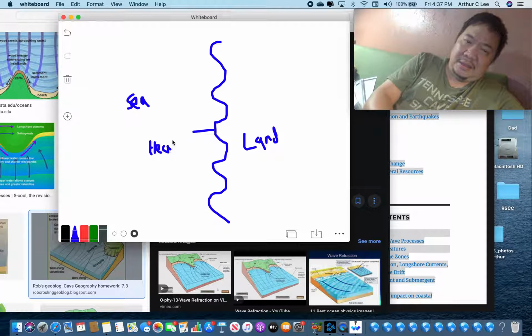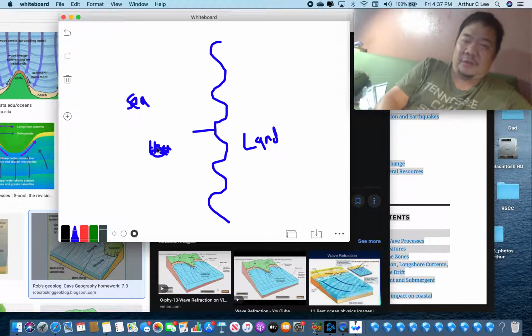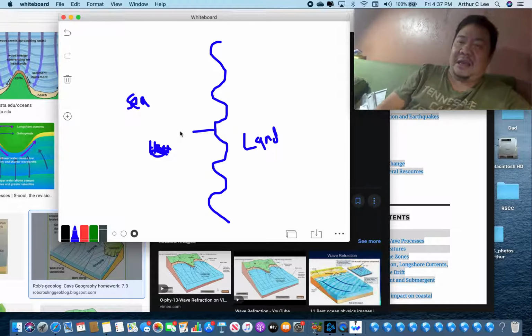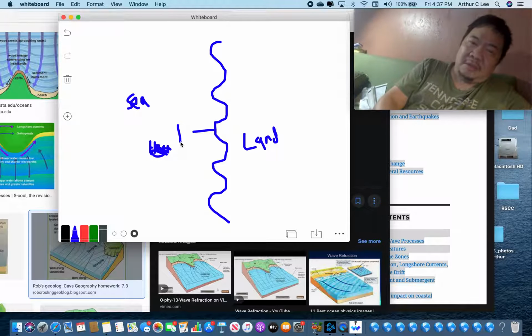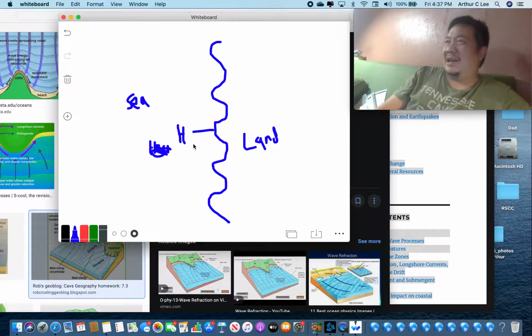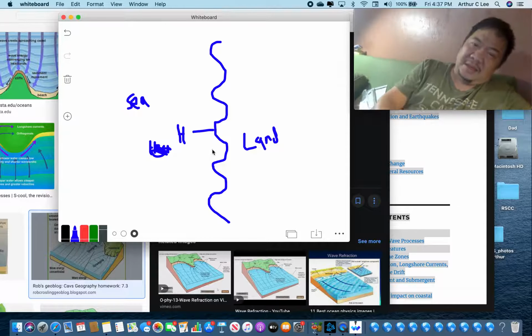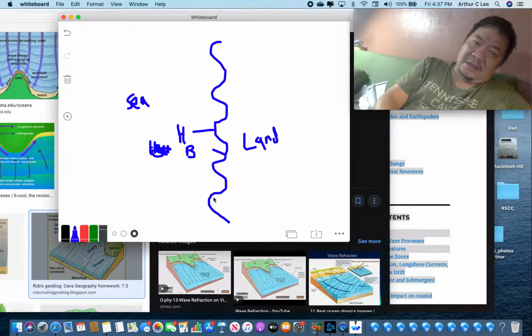I mark them with a capital H. Headlands. And these are called bays. So here's a headland, a headland, a headland, a headland, a headland. In between the headlands, you have bays. And in the bays, you have beaches.